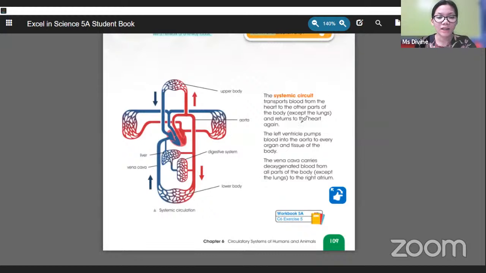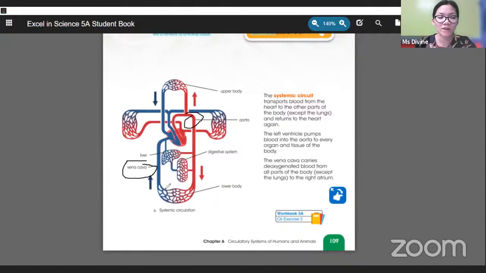The left ventricle pumps the blood into the aorta to every organ and tissue of the body. Here is the aorta. The vena cava carries the deoxygenated blood from all parts of the body.